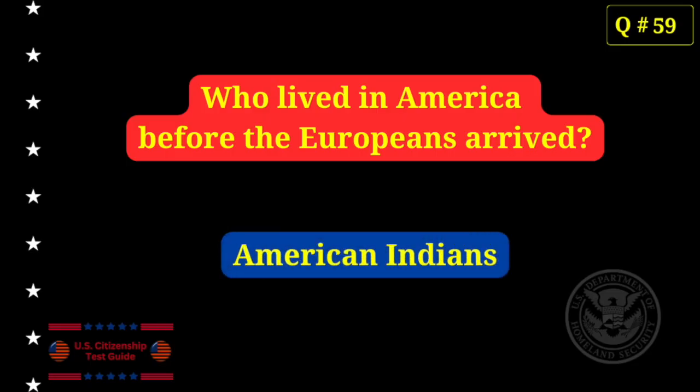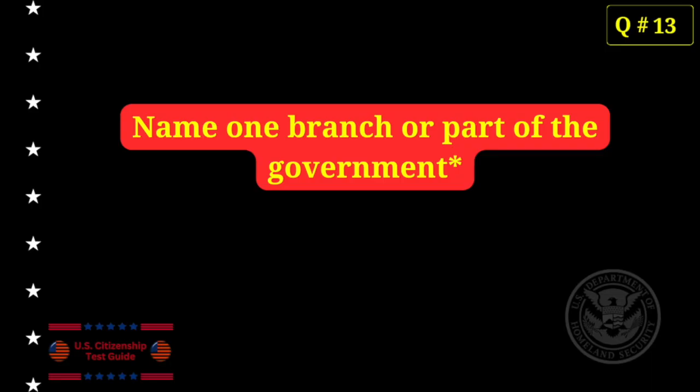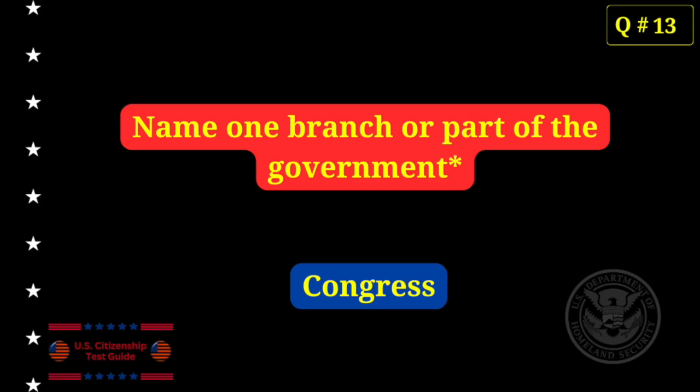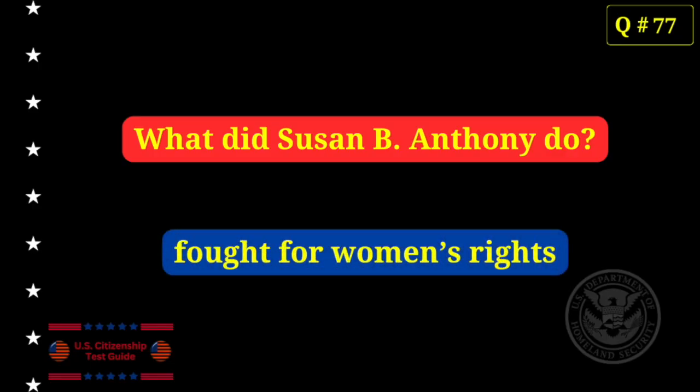American Indians. Name one branch or part of the government. Congress. What did Susan B. Anthony do? Fought for women's rights.